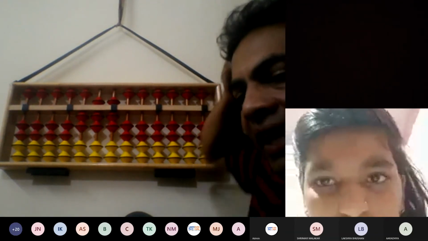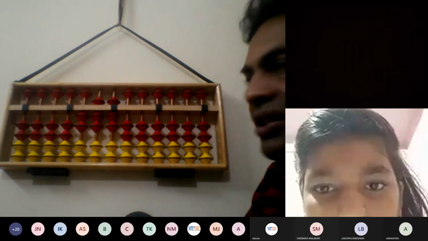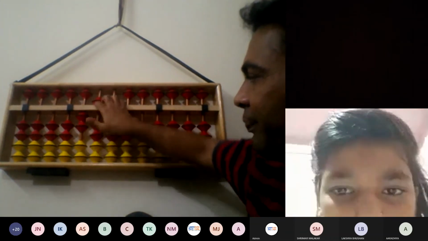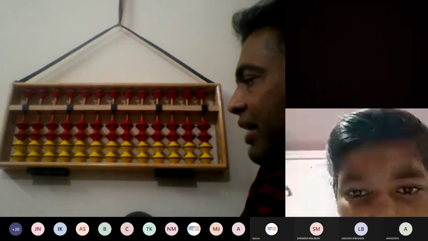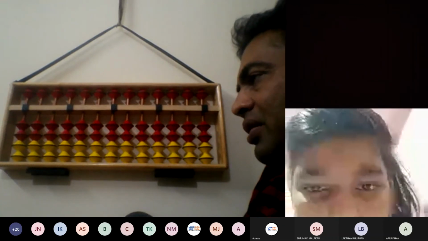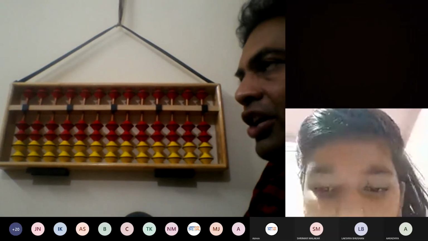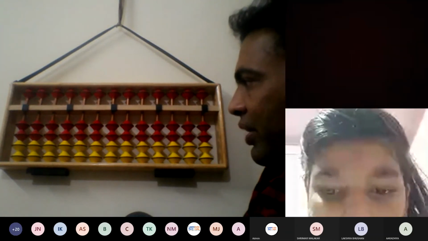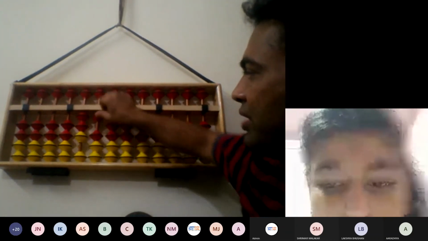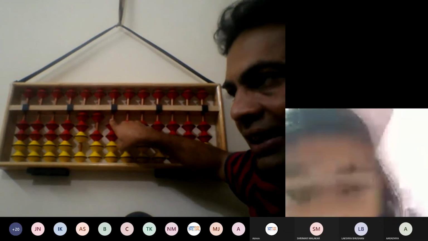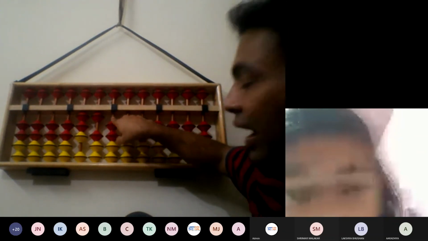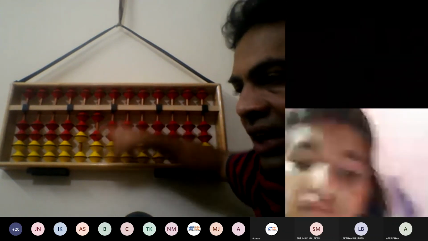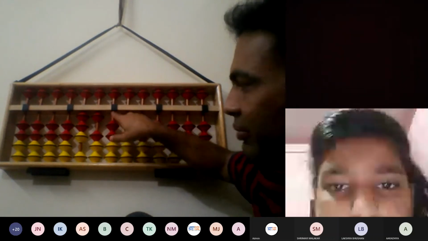Now multiply by 8 is 10 minus 2. Just multiply by 10 and minus double of that number. Like 31 multiply by 8, how do we do it? 310, that is 31 multiply by 10, and double of 31 is 62. Subtract 62 from here.